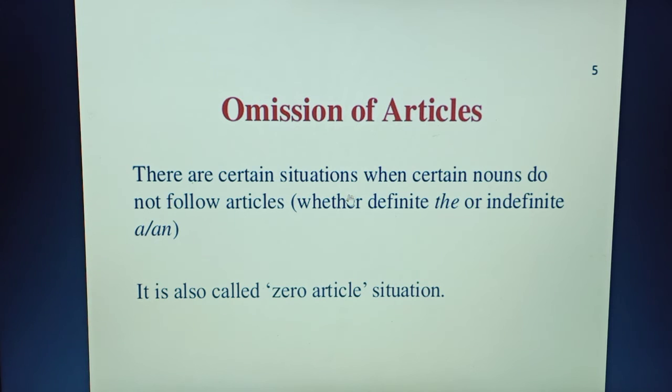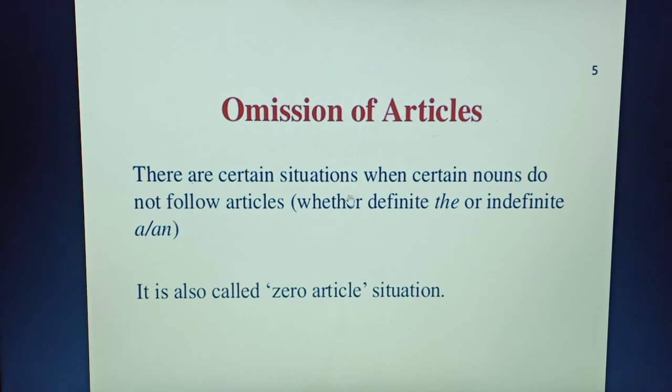So students, in the article part, a very important topic is omission of articles. It means there are certain situations when certain nouns do not take articles, whether definite or indefinite. So we can say there are many nouns before which no article is used. I am explaining some of the points so it will be clear to you. First point is before the names of games like cricket, hockey, football, we never use any kind of article. Second, before the names of languages like Hindi, English, Punjabi.